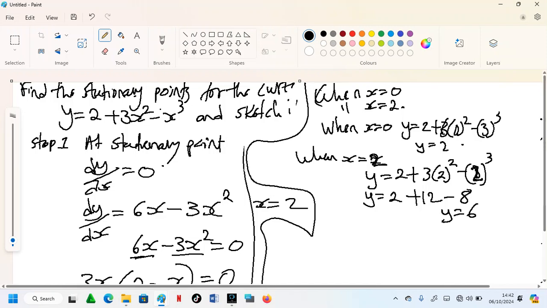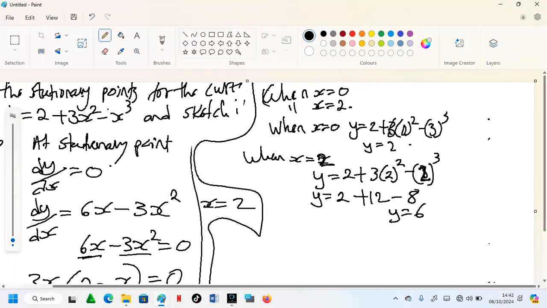So we have two stationary points here: the point (0, 2), and then the point (2, 6), because when x was 0, y was 2, and when x was 2, y was 6.